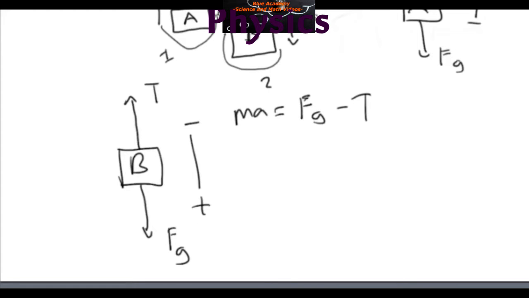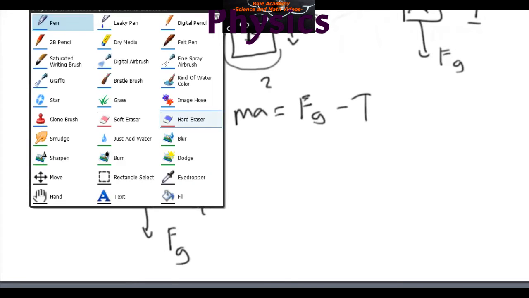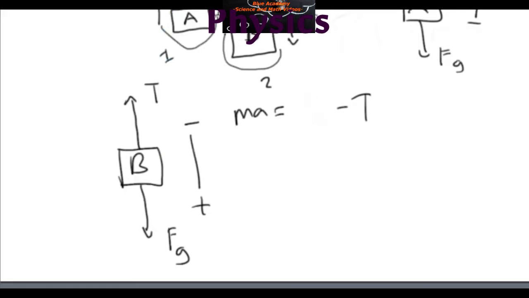Note that the force of gravity is equal to mass times gravity, so we have mg. But we have to be careful about the subscripts, since we have two different blocks. So the mass of B times acceleration is equal to m_B g minus the tension.